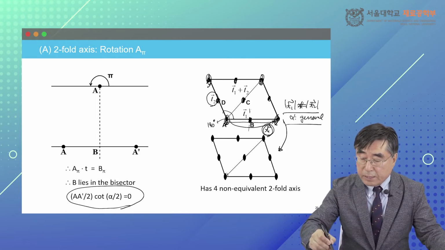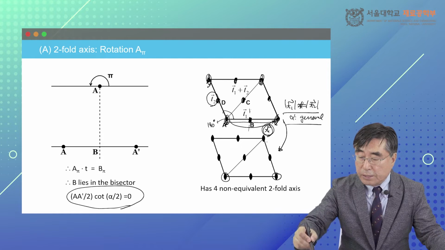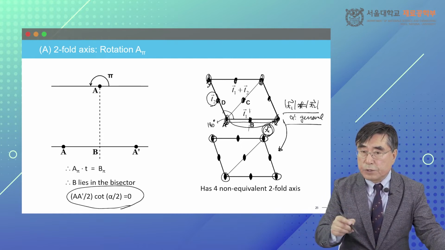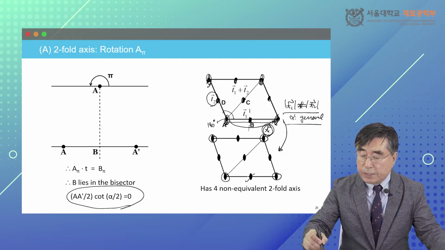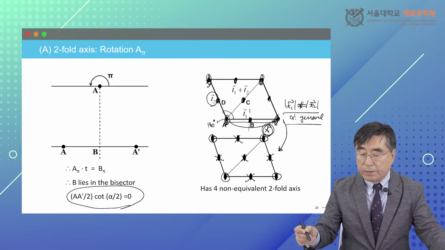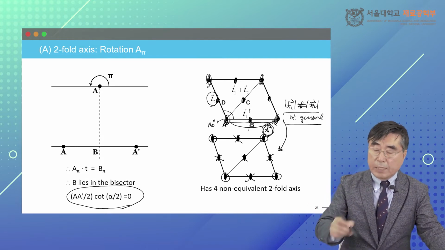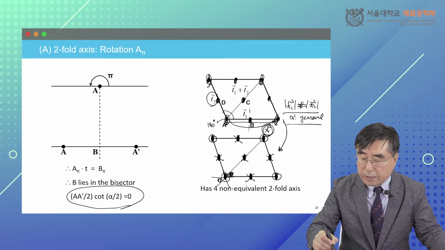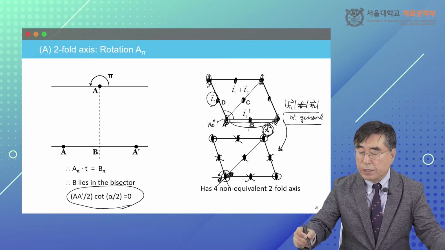Remember that the lattice point is located only here and here and here and here, and the lattice point has 2-fold symmetry. This 2-fold symmetry is just generated there. There is no lattice point. It's just generated there. So if I put any pole, for instance, if I put the pole in here based on 2-fold, then this 2-fold generates poles in here.